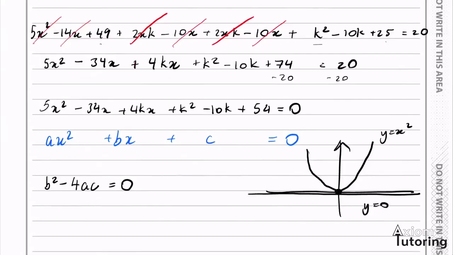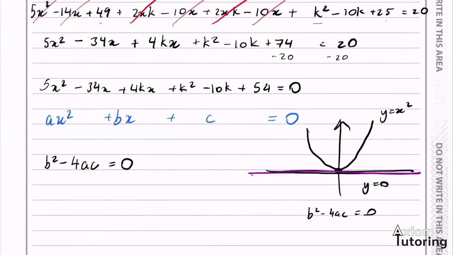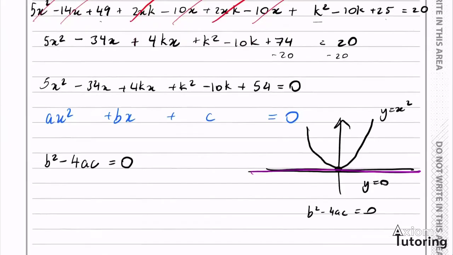So this lies as a tangent to the y equals 0 line. So when we actually look at the discriminant of this, the most basic parabola we could use, b squared minus 4ac should be equal to 0. Obviously, b is 0 in this case, and so is c, so it's 0 minus 0 equals 0.